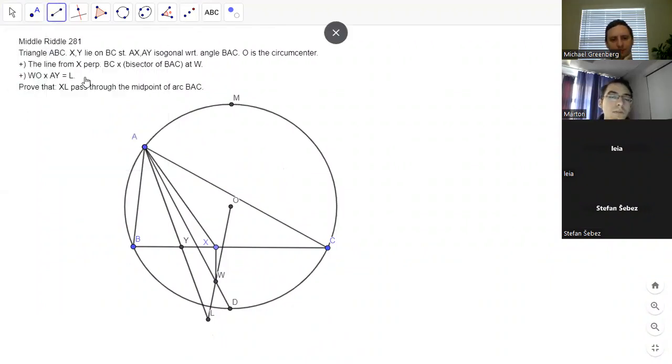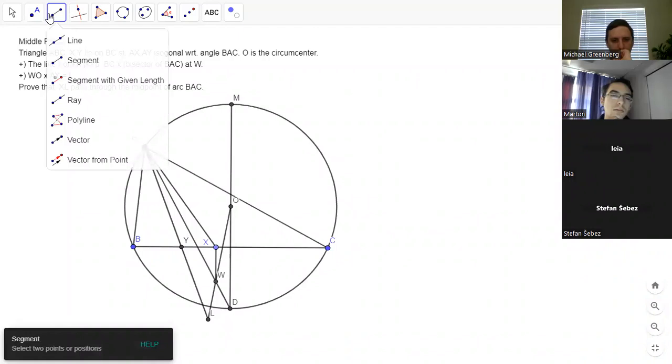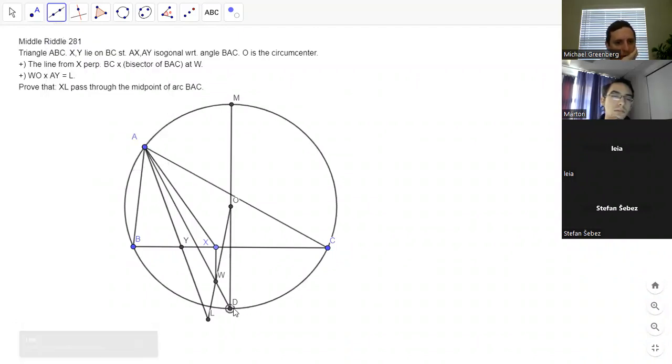If you project that bundle through X, then you will intersect XD also with line OW, and you will want to show that it is harmonic. So if you intersect DX with OW.